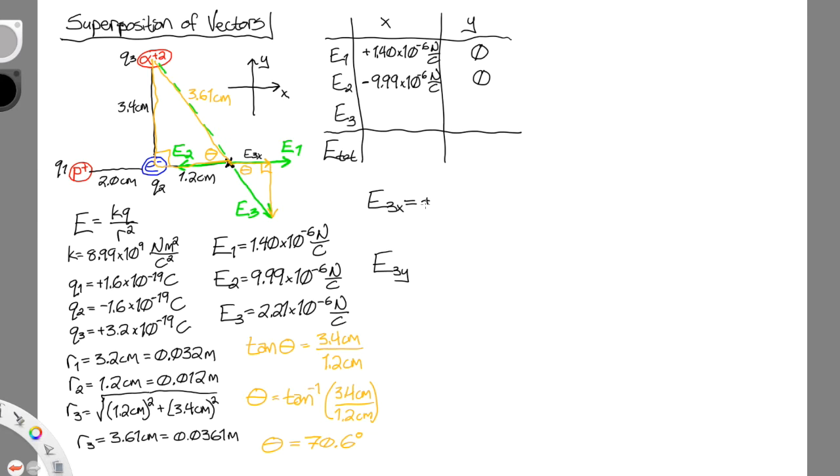And the component will be the magnitude, so that's 2.21 times 10 to the negative 6th newtons per coulomb, that whole thing times the cosine of theta, because the x component here is our adjacent side of the triangle, adjacent to this angle theta right here.